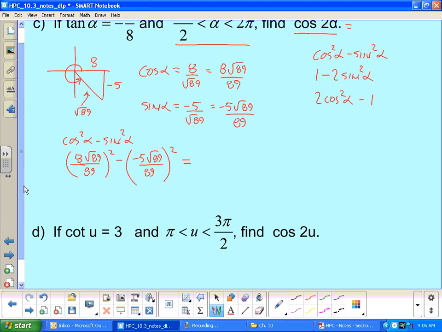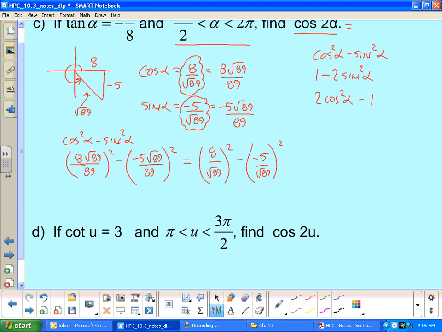If I hadn't rationalized and just used 8 and the square root of 89 as the denominator, negative 5 and the square root of 89 as the denominator, this would have been 8 over the square root of 89 quantity squared minus negative 5 over the square root of 89 quantity squared.